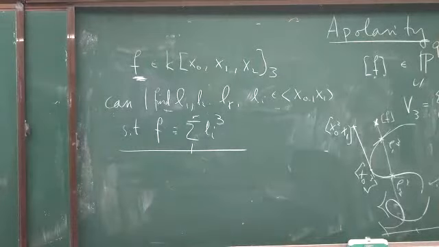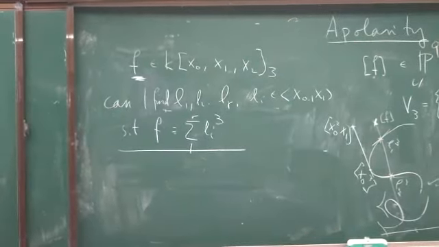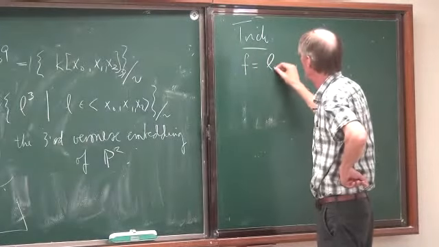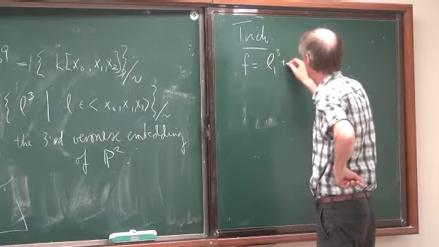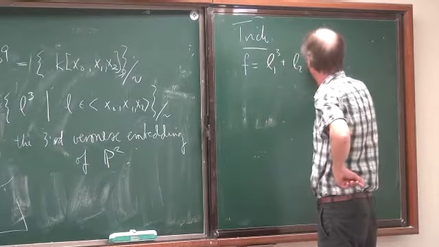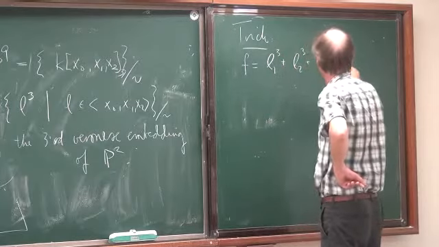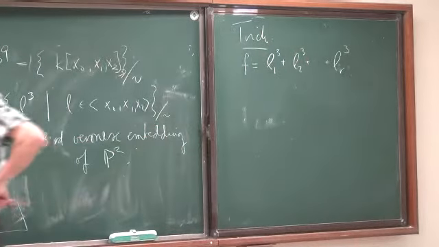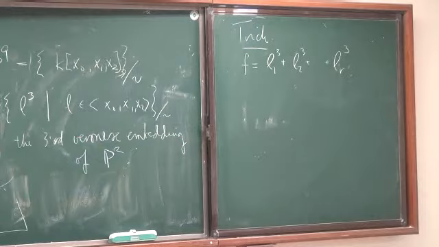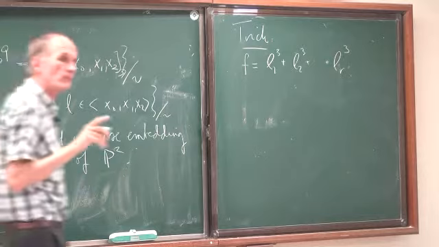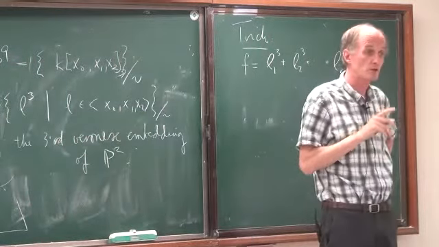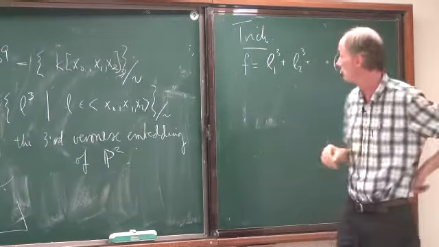Anyway, here's the trick. If F is L1 to the 3 plus L2 to the 3 plus up to LR to the 3, if I have such an expression, now I will take the partials on both sides.